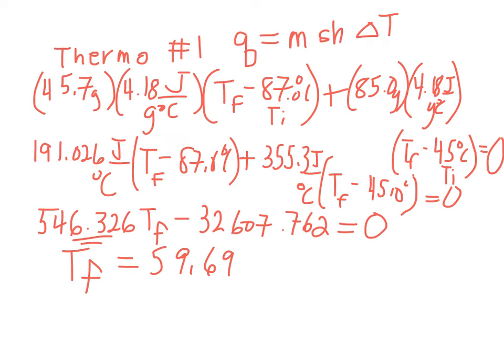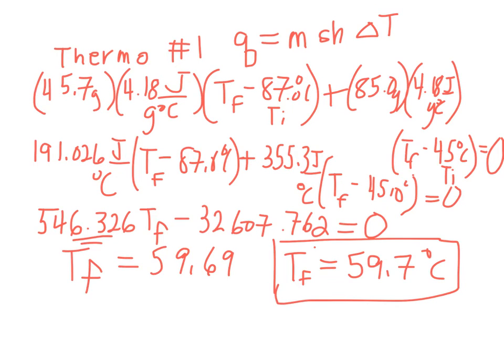If you go back to the original data, most of the data has 3 significant digits. So we will round this to 3. So we'll have an answer of T final equals 59.7 degrees C. And there you have it.